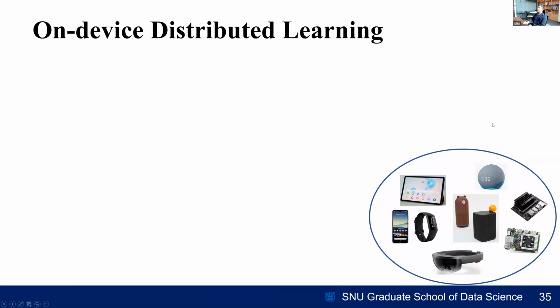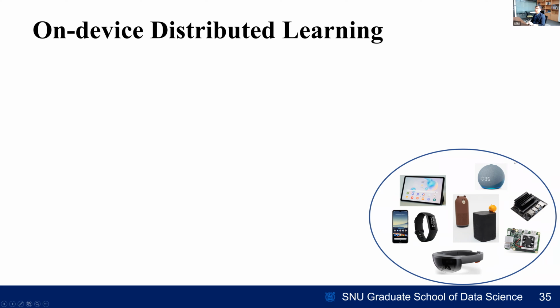So now, on-device distributed learning. So far I talked about performing inference, not training, on a local device, right? Performing inference on a local device can protect privacy, but to train a model, we still need training data at the server.